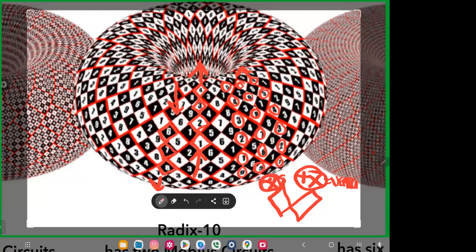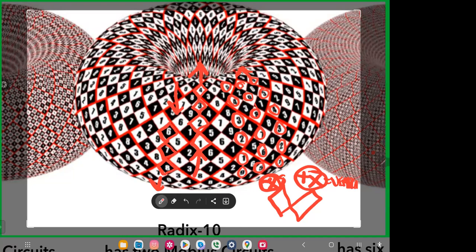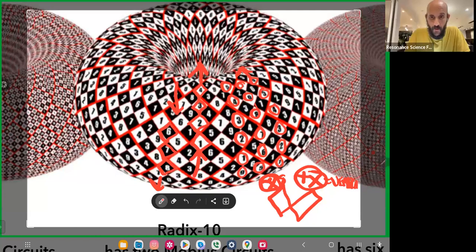I'm turning this into a coordinate system, a non-Cartesian one. It maps how magnetism, electricity, and spirit move through space.